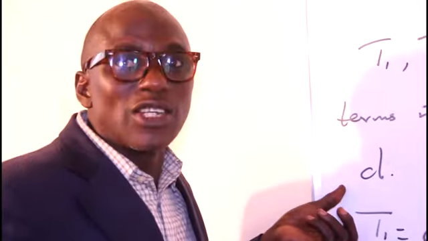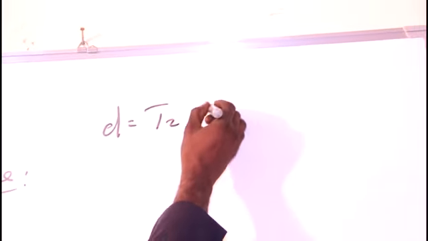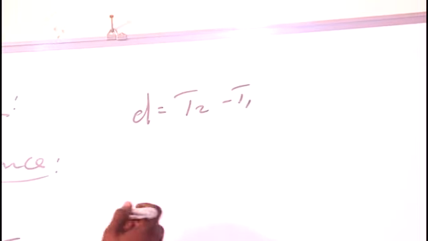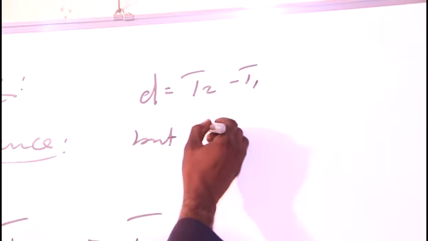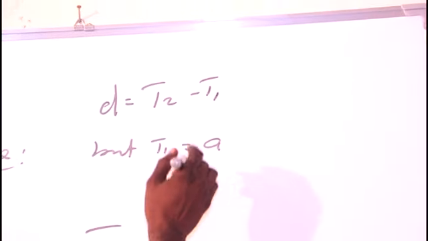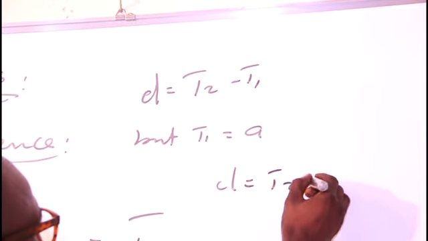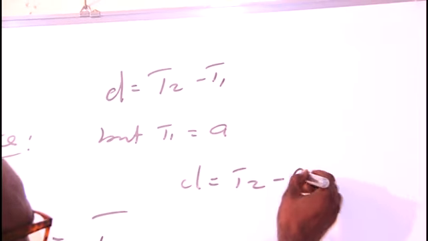So from there, we can proceed. If I want to find T2, since T1 is equal to a, what do I need to do? From this relationship where d is equal to T2 minus T1, but my T1 is equal to a, if I substitute the value of T1 into the relationship, that will give me d equal to T2 minus a.